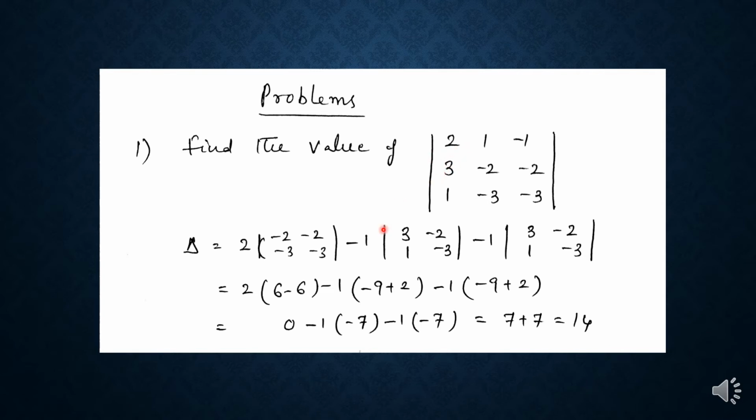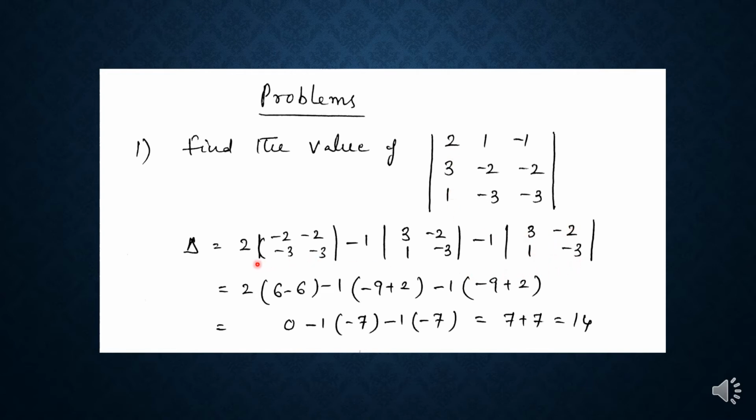So we take minus 1 into, imagine that we delete this row and column, then we get 3, minus 2, 1, minus 3. Minus 1 into its minor, which is 3, minus 2, 1, minus 3.